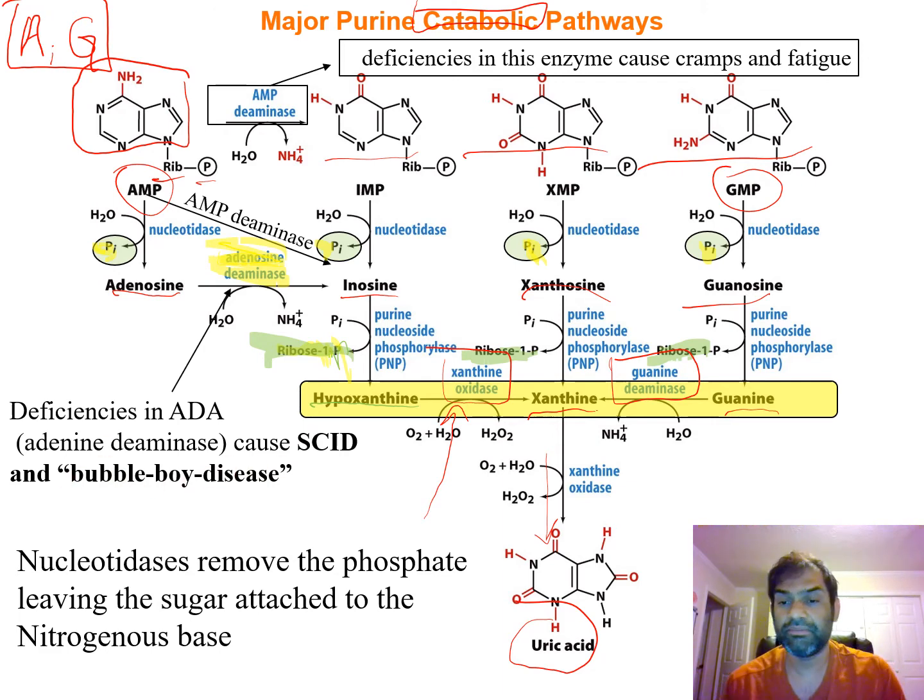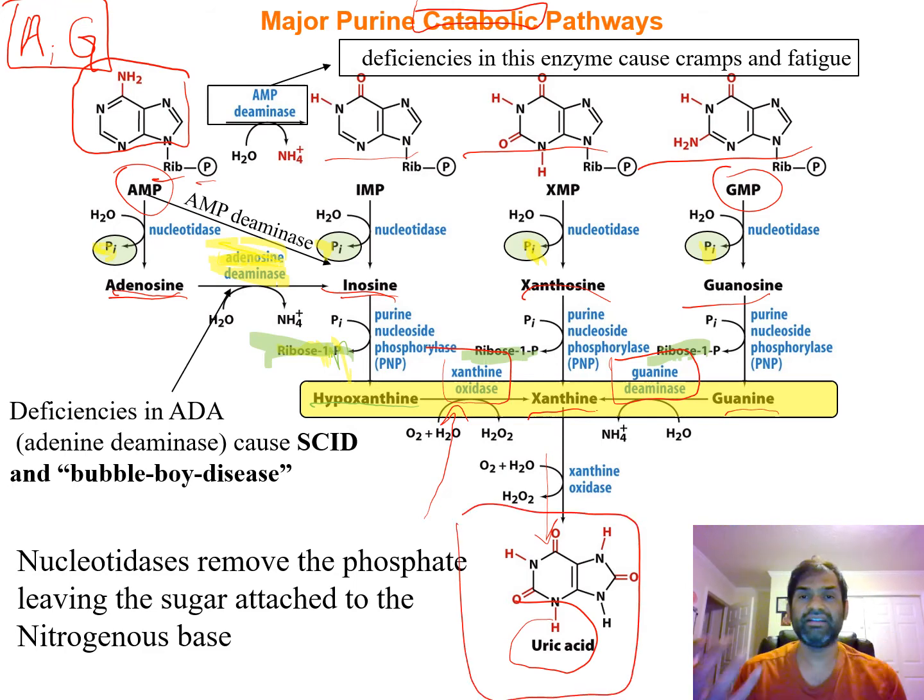A very famous boy who grew up in the 1970s actually had deficient ADA, adenosine deaminase. Individuals who lack ADA are incapable of converting adenosine to inosine. And really what happens is that this whole breakdown of the purine pathway gets halted.